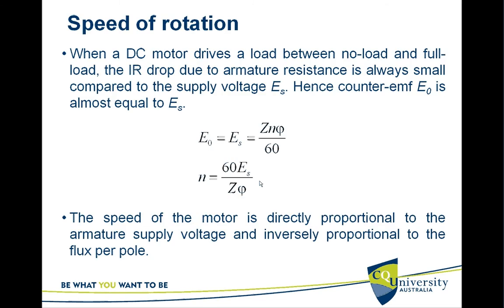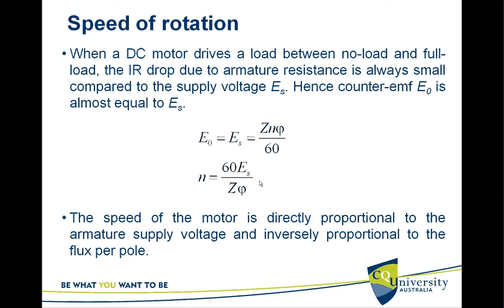Speed of rotation. When the DC motor drives a load between no load and full load, the IR drop due to the armature resistance is always small compared to the supply voltage ES. Hence, counter EMF E naught is almost equal to ES. That probably makes it easier for us to do a bit more calculations.